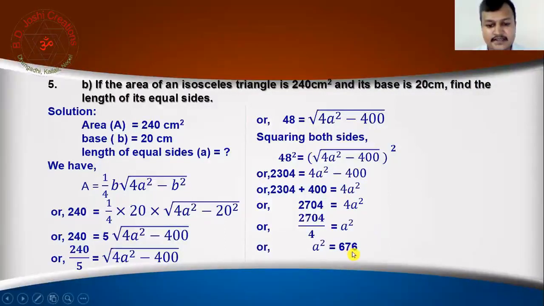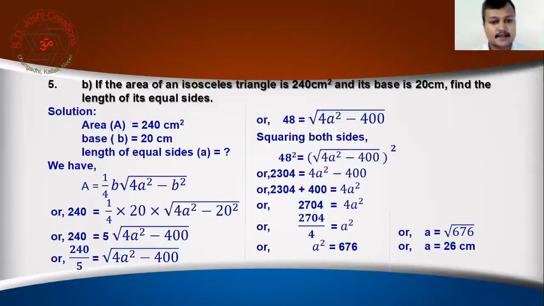It is 676. Yes. And square root of it is 26. And the same value we had to find out. Length of equal sides A is equal to 26 centimeter, and it is our required answer.